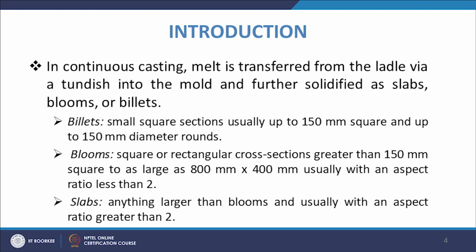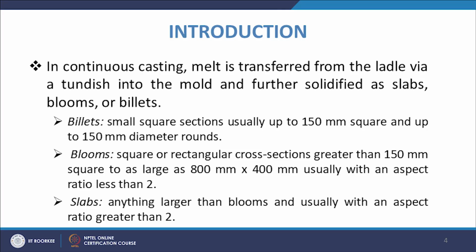Whatever you are getting, the end product is either a slab, a bloom or a billet. Depending upon the dimensions, you define it as a billet if it has a small square cross section, usually up to 150 mm square and up to 150 mm diameter rounds.